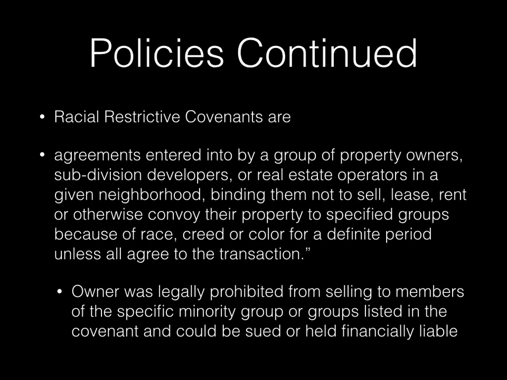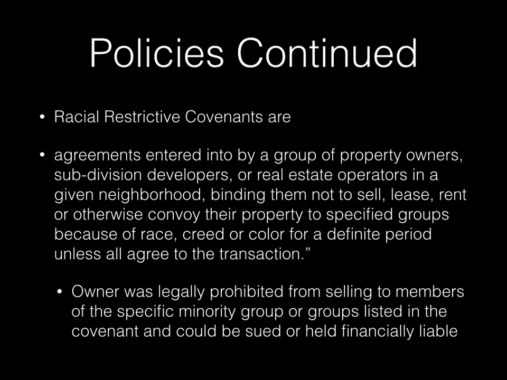They also talk about the history of racial restrictive covenants in Sacramento. These are agreements entered into by a group of property owners, subdivision developers, or real estate operators in a given neighborhood, binding them not to sell, lease, rent, or otherwise convey their property to specified groups because of race, creed, or color for a definite period unless all agreed to the transaction.